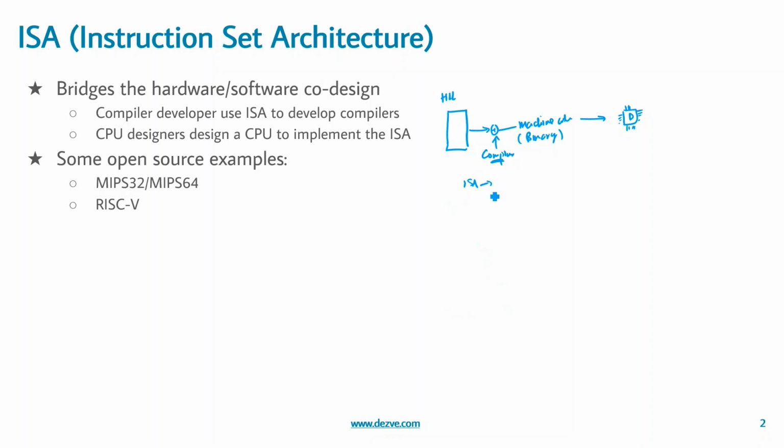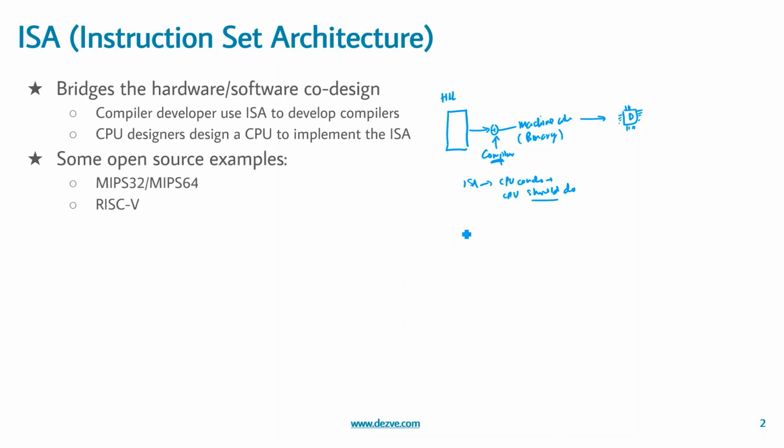ISA tells the compiler developers what a CPU can do and tells the CPU designer or the hardware designer what the CPU should do. So basically, if you see, ISA acts as an interface between software and hardware.